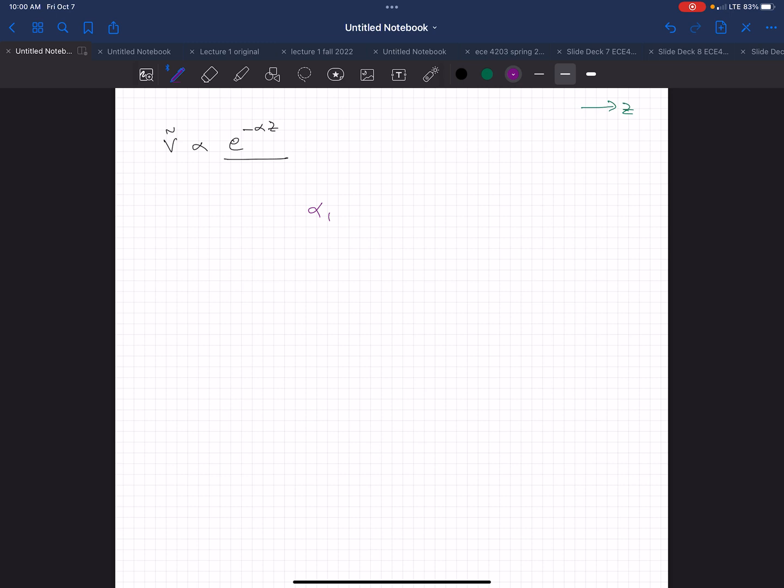This alpha 1 comes from the specifics of the R, L, C, and G. So every distance 1 over alpha 1, the amplitude decays by e to the minus 1, which is 0.36x.